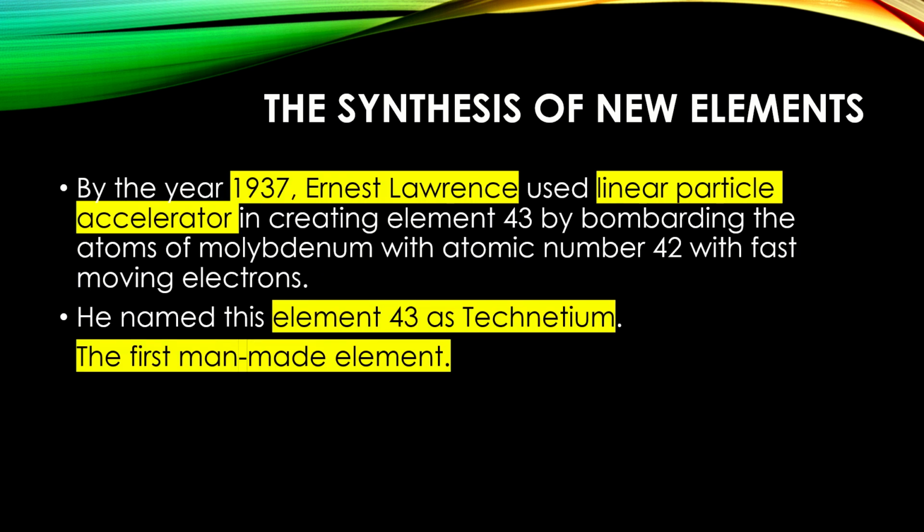By the year 1937, Ernest Lawrence used a linear particle accelerator. It is the same as the particle accelerator, but specifically it's linear. He created element 43 by bombarding atoms of element 42 with fast-moving particles.